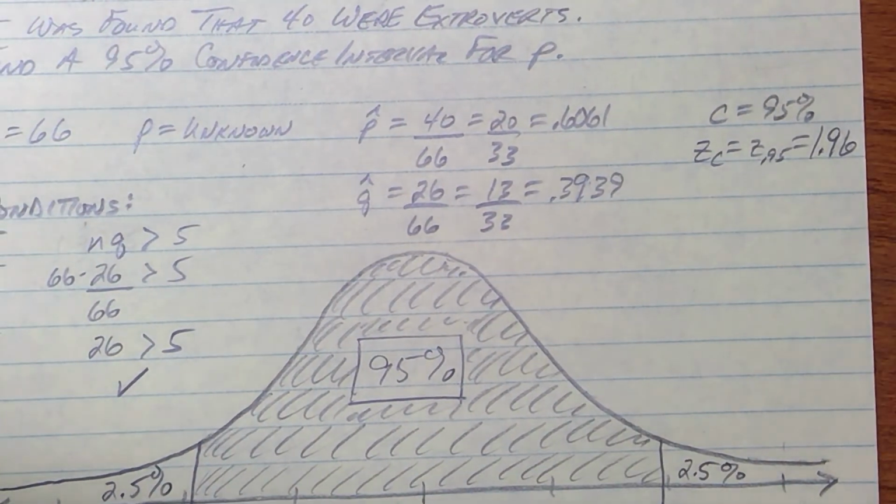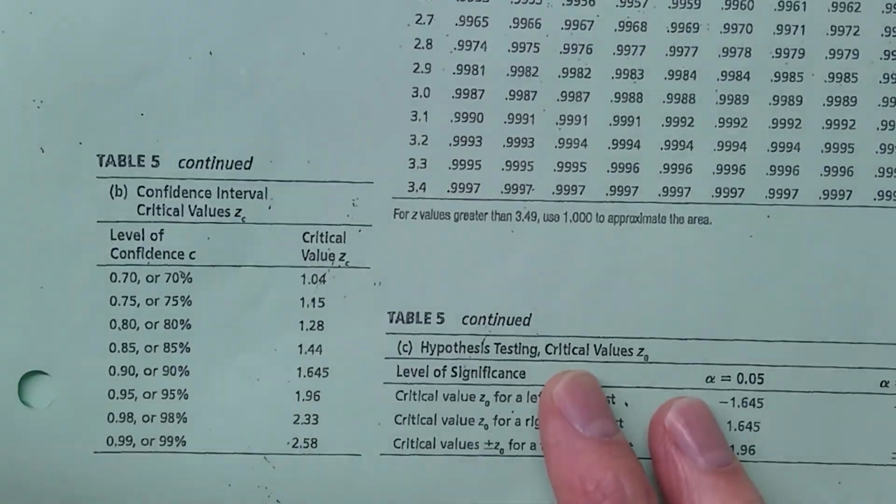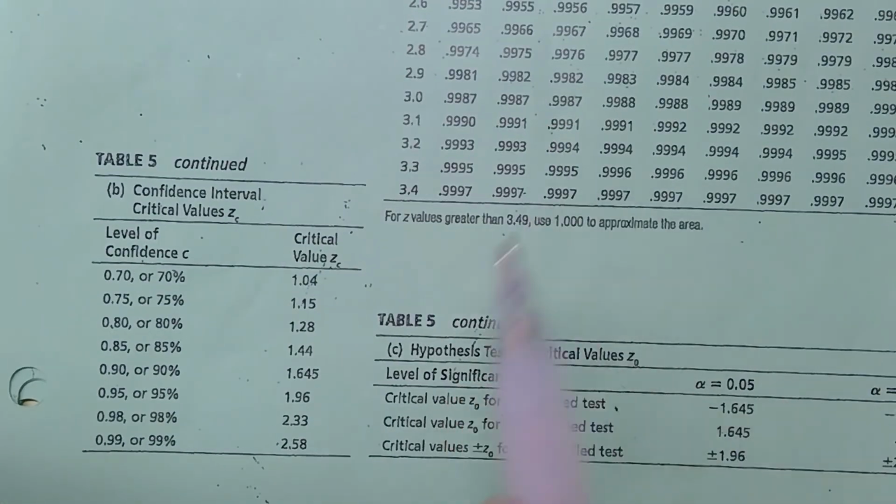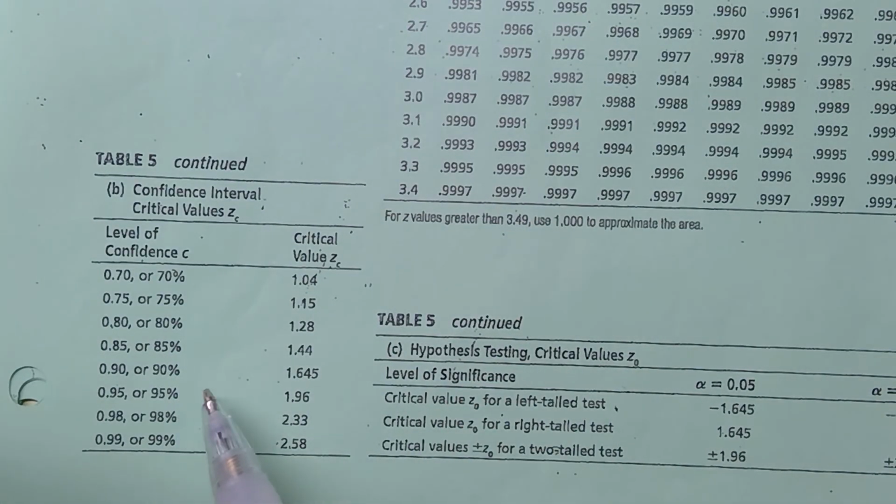All right, another way, if you happen to have this, or if you don't happen to have this, you might just copy it down. On my Z table, they actually have all the confidence intervals figured out for you over here. So we just talked about a 95% confidence interval, which we looked up kind of the hard way, but they already have it written down for you over here. It's both of the 1.96s.